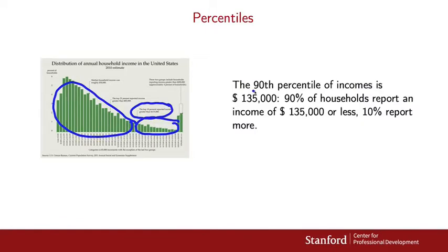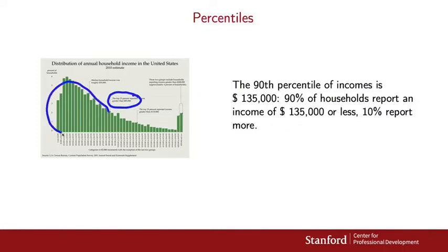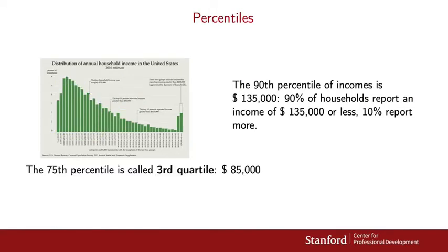This point is called a 90th percentile. Furthermore, it says that the top 25% had household incomes above $85,000. This would be the 75th percentile, because 75% of households have incomes below that. The 75th percentile is also called the third quartile.